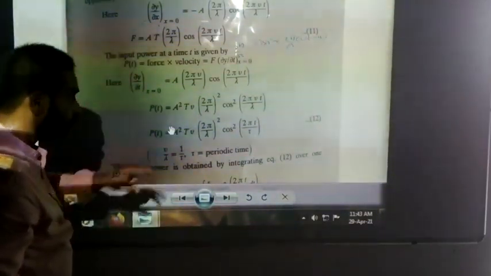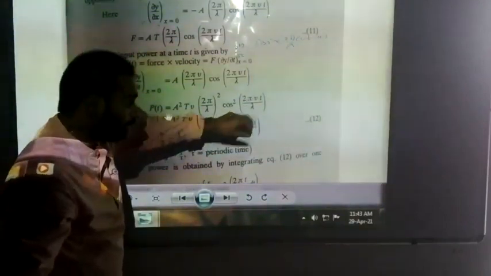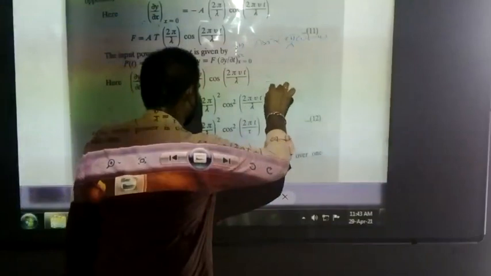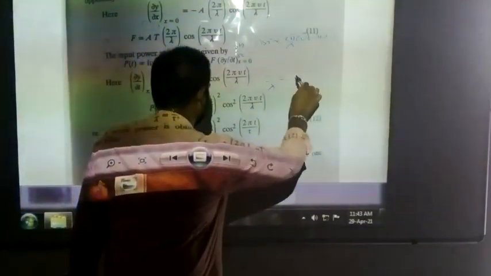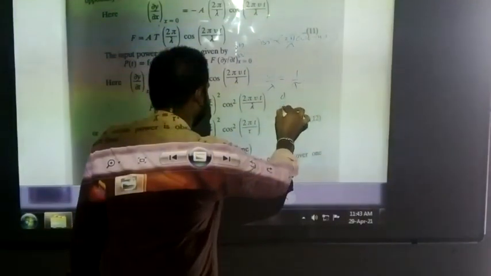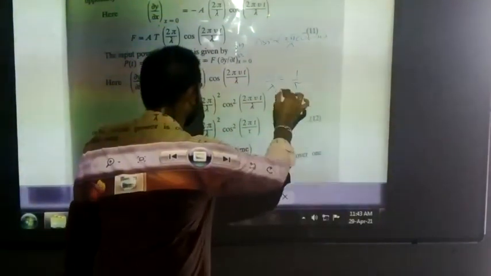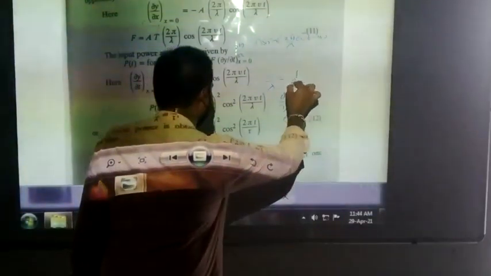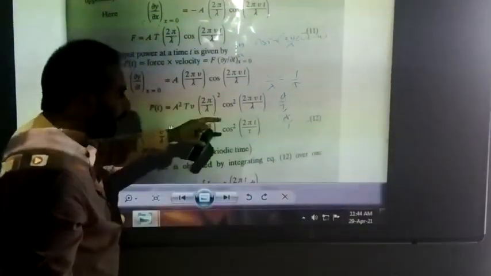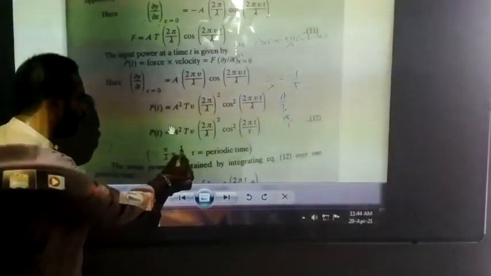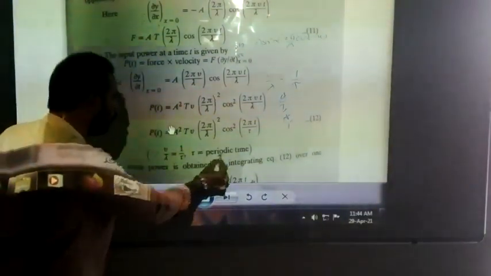Now here, velocity by lambda. Velocity by lambda is what? 1 by time period. Because velocity is distance by time, and distance by lambda, distance gets cancelled, leaving 1 by time period. So velocity by lambda is 1 by time period tau. Tau is what? Periodic time.